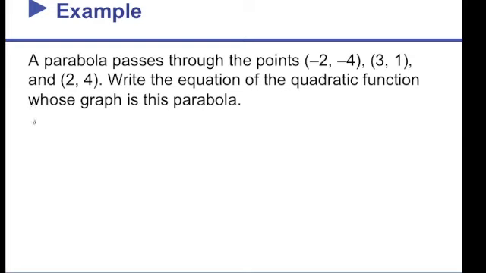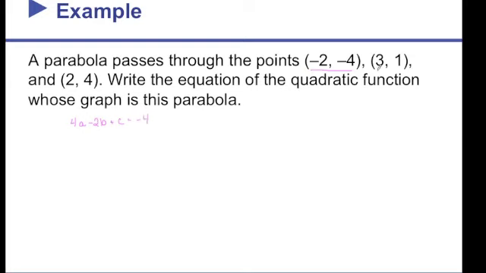Let's try the same thing again. Looks like I'm not going to find my c quite as easily. So starting with this first one, a times x squared, so -2 squared is 4a plus bx, so -2 times b plus c equals y, which is -4.